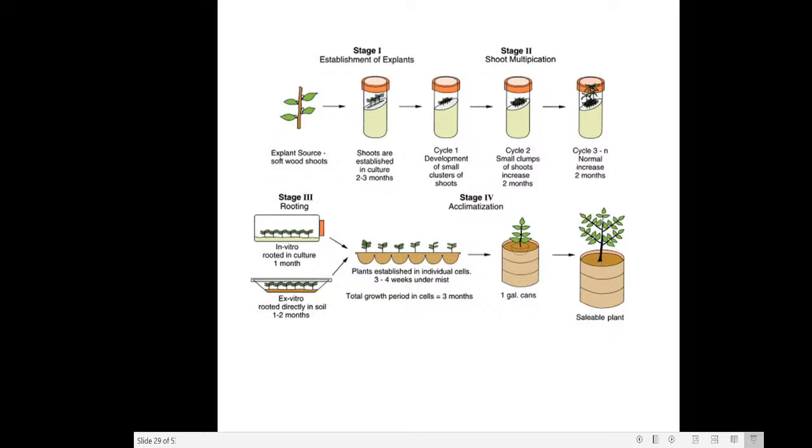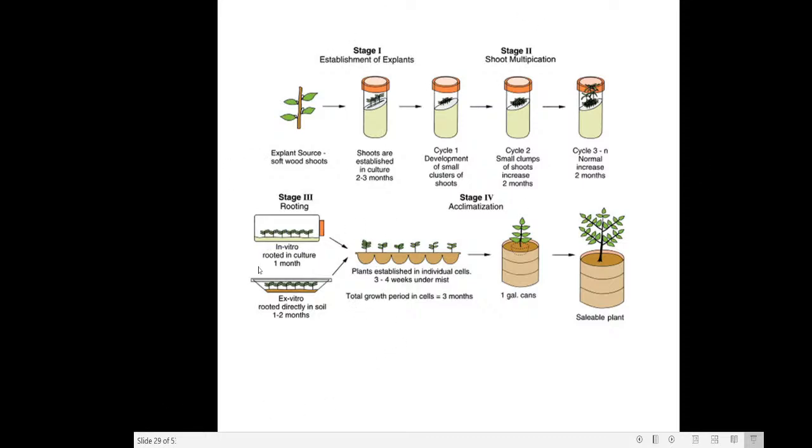These are the stages. First, we cut the soft wood, which is helpful for production. After 2 to 3 months, it makes a shoot. The shoots are established, and in the development cycle, clusters of roots are there. The first stage is shoot multiplication.